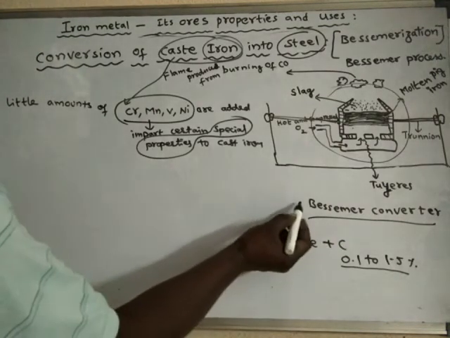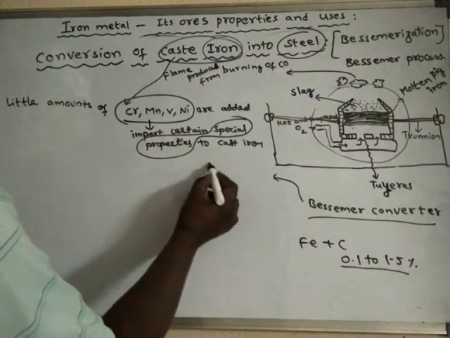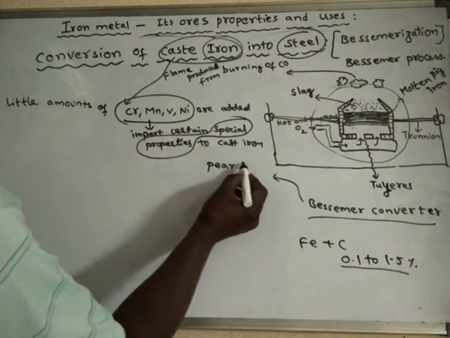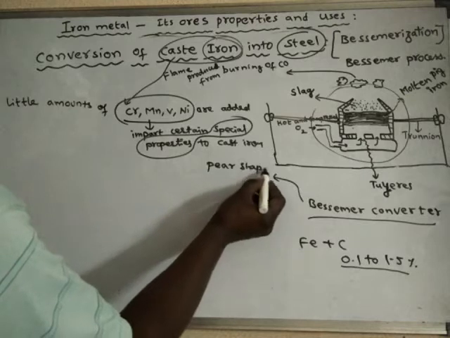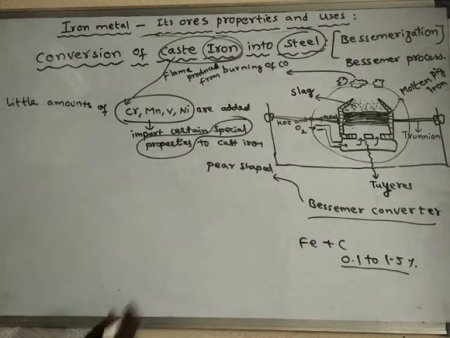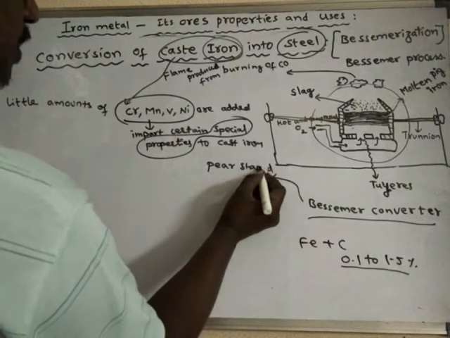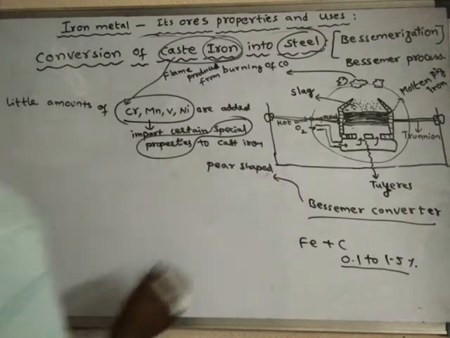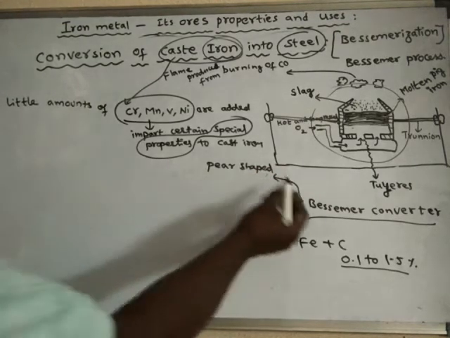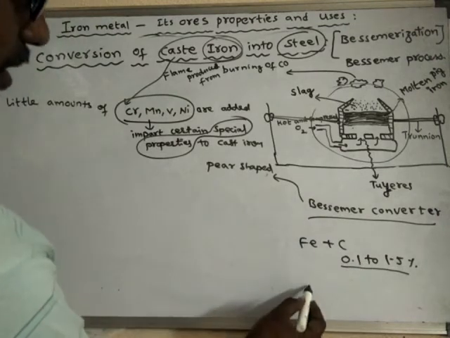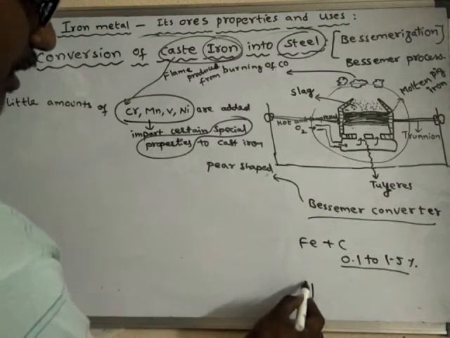If you see the Bessemer converter, it is a pear-shaped structure. Pear-shaped means like a gada.